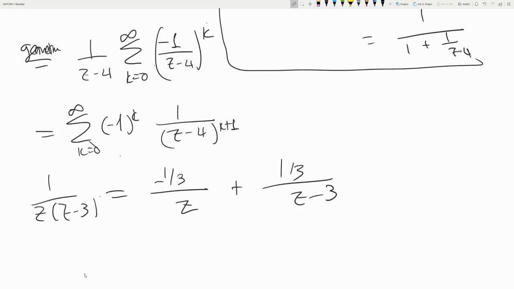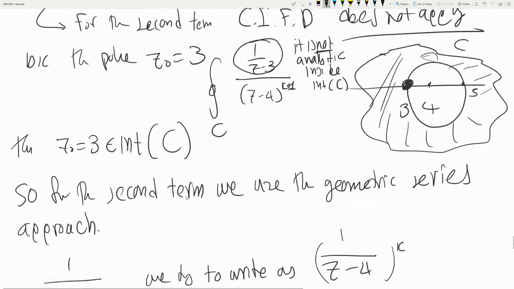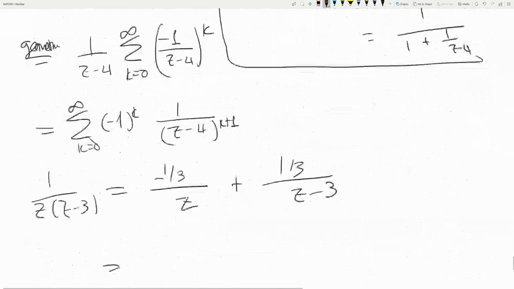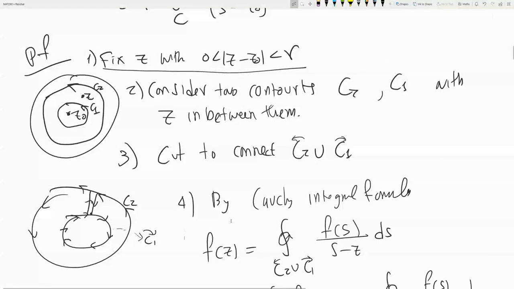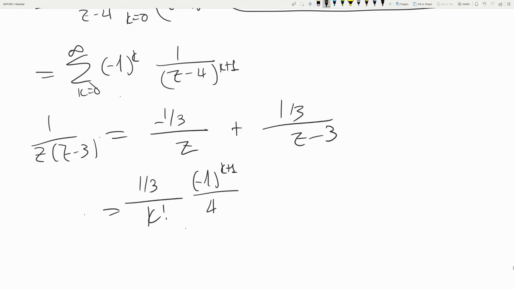For the first guy, we can just apply the coefficient, the Taylor expansion. So let me write it from here. So it's this guy: minus 1/3 k factorial (-1)^(k+1), and then 4^(k+1).